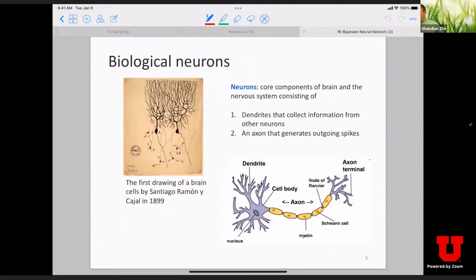Neural networks are inspired by some biological neural system, but don't be confused. They actually have nothing to do with biological neural networks. In fact, I discussed with someone at Google Brain previously. I asked them, did you try to simulate real biological neural networks?